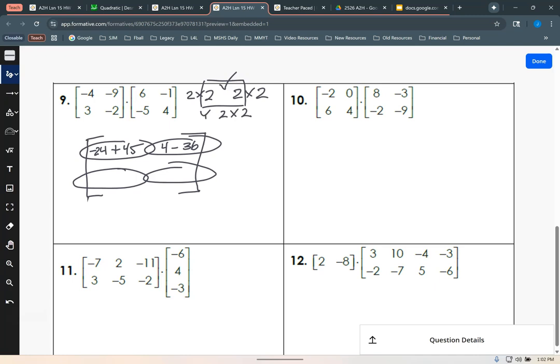See what I did? It's coming from negative 4 times negative 1, and then negative 9 times positive 4, because it's row 1 times column 2. Okay, see if you can write out the sums for the last 2 problems here. Go ahead.